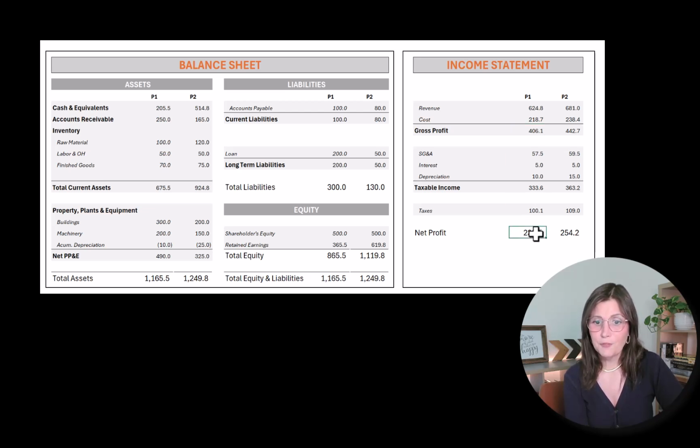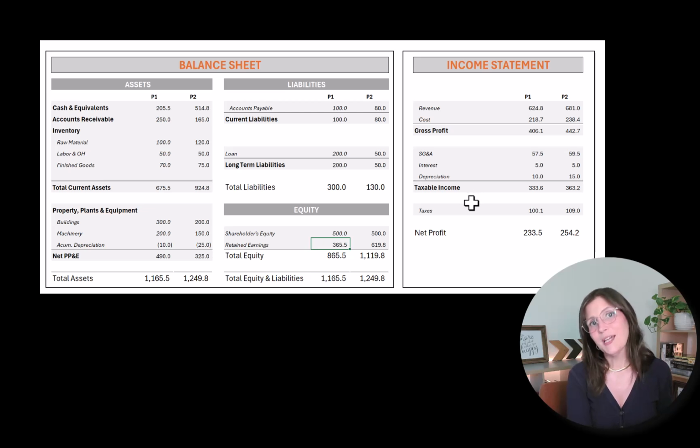This net profit is going to come straight to my retained earnings. At the same time that I'm increasing my net profit, I'm also increasing my equity. So I already proved to you that whatever happens in the income statement also happens in the balance sheet, affects directly the balance sheet.